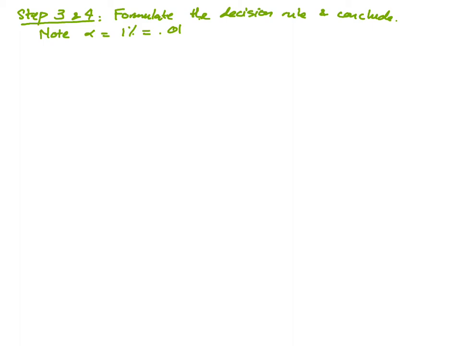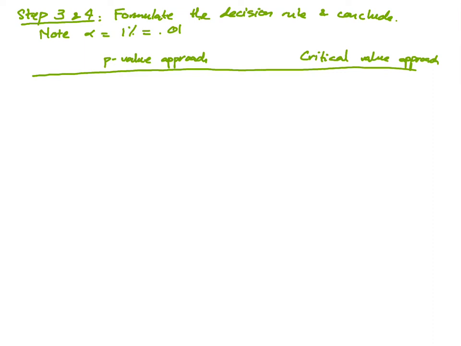So we have the p-value approach, and then we have the critical value approach. What is the decision rule here?